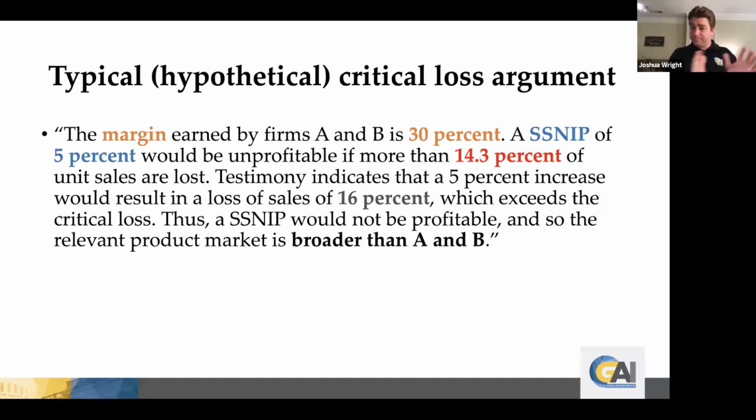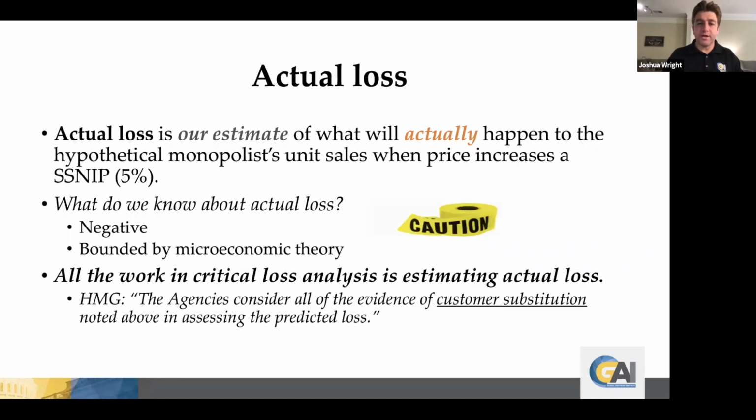Everything we've done is a precursor to the competitive effects analysis, and we're going to ask a lot of similar questions, right? If you can do market definition and ask these questions about the trade-offs between inframarginal sales and marginal sales, I'm going to do a lot of that again in unilateral effects and coordinated effects. A lot of the same logic happening at different stages, using different sorts of evidence to make predictions.